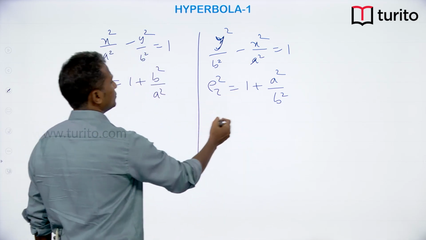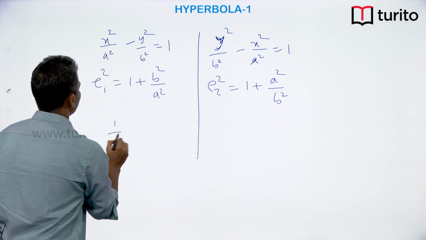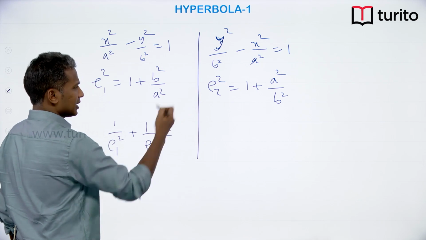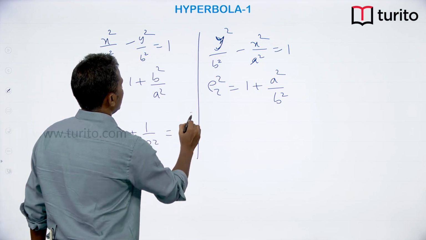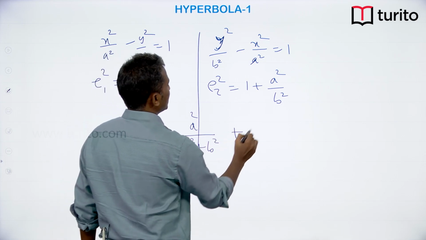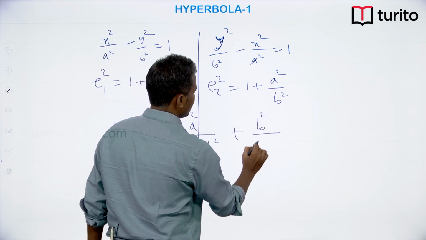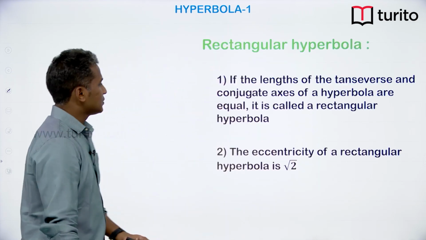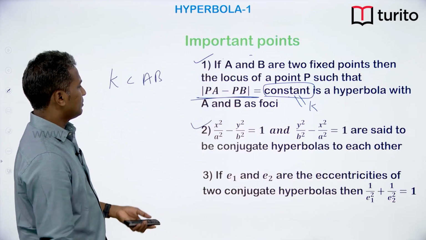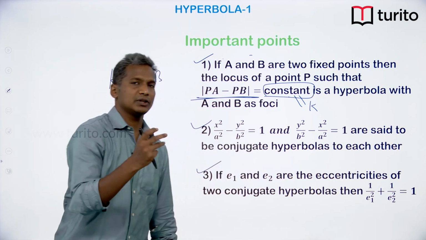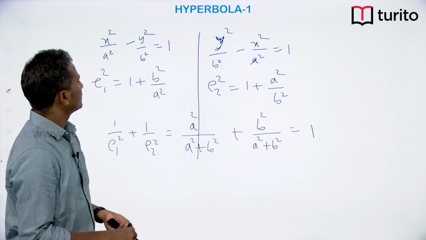So, here you can understand that when I take 1 by E1 square plus 1 by E2 square, it becomes equal to a square by a square plus b square plus b square by a square plus b square, it becomes equal to 1. So, that is basically the main idea of the eccentricities of the mutually conjugate hyperbolas.